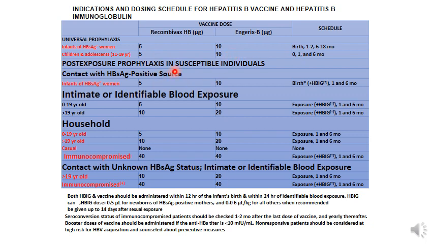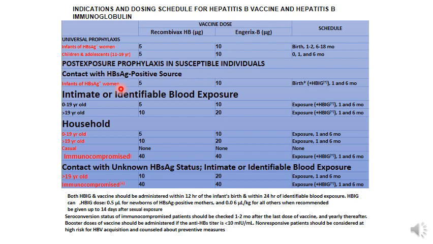Post-exposure: you probably may get this during your work, your job, by needle stick or exposure to contaminated blood or blood product, and for a patient with hepatitis B antigen positive, within 72 hours you should take the vaccine and the immunoglobulin.